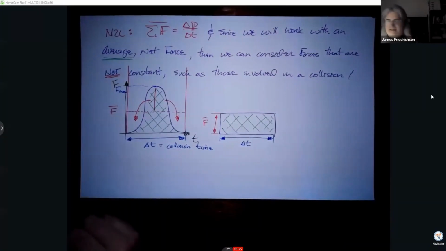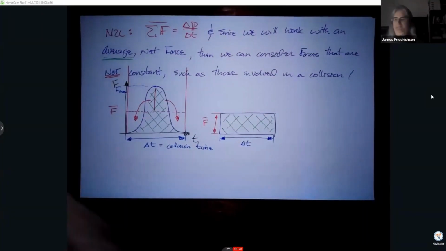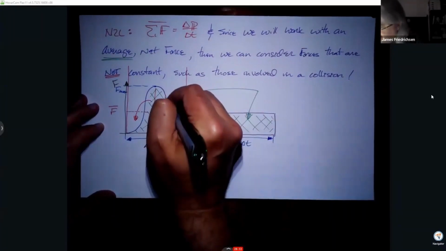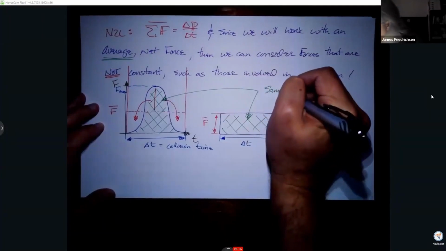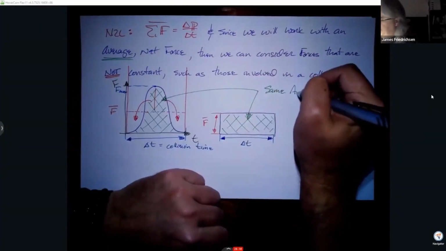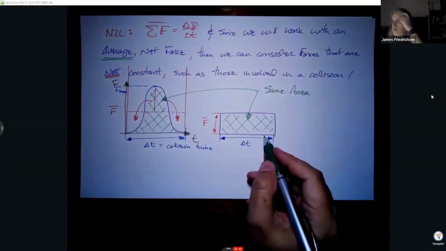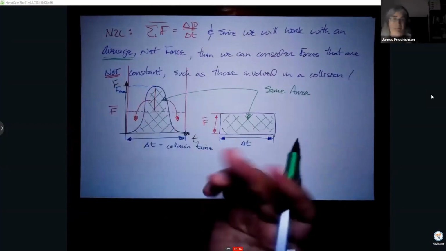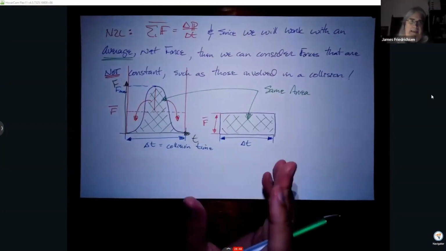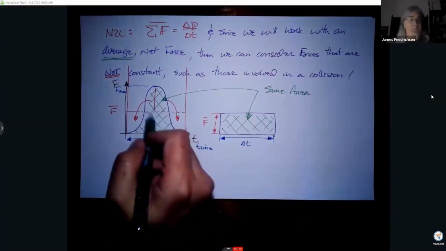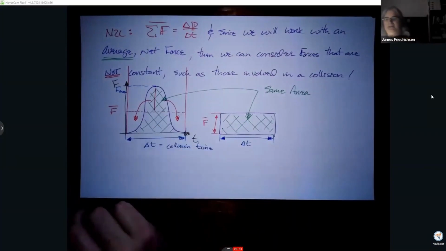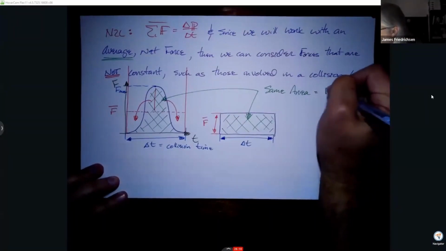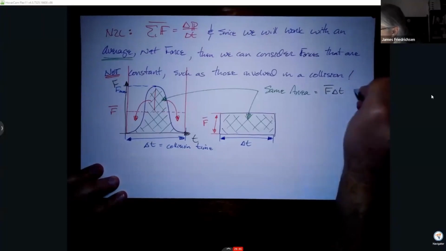And then by construction, this funny bump and this rectangle should have the same amount of area. When it's a rectangle, we know length times width is the amount of area. But when we have a funny bump that I don't even know what the function is, I can't tell you what the area is, but they're the same. And so this gives us some way to calculate that amount of area, and that would be our average force times the time.